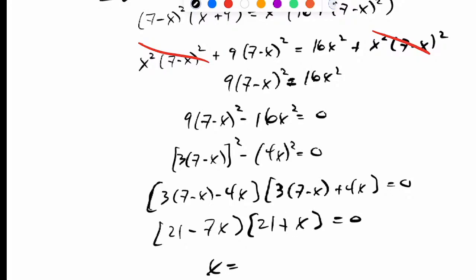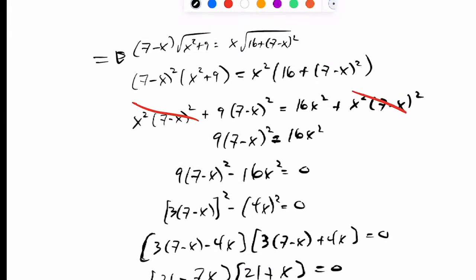So I end up getting here 3 and negative 21. That's no good. So I got my answer was 3 for this one.